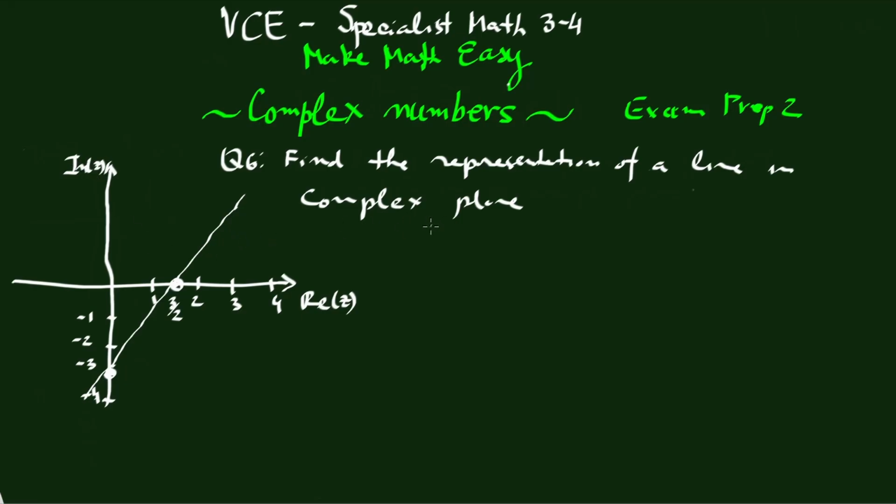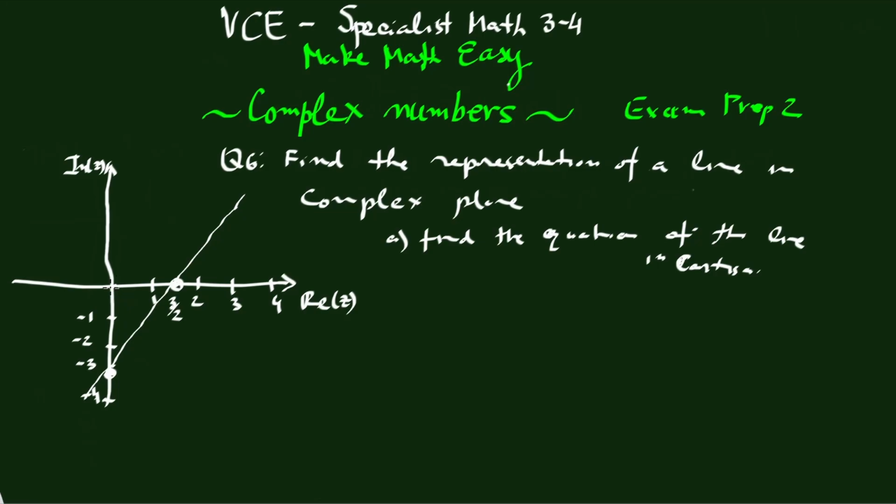First we find the equation of the line in the Cartesian plane, not complex, sorry, Cartesian plane. So how do we do that? We have 2 points.